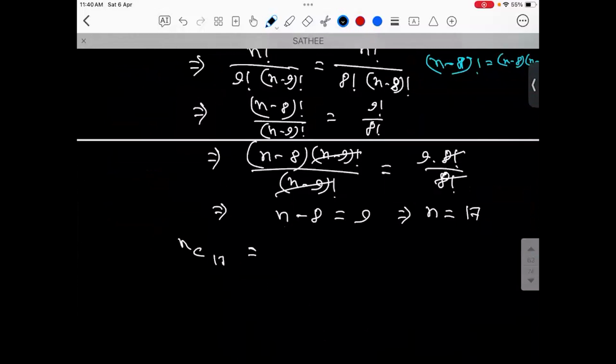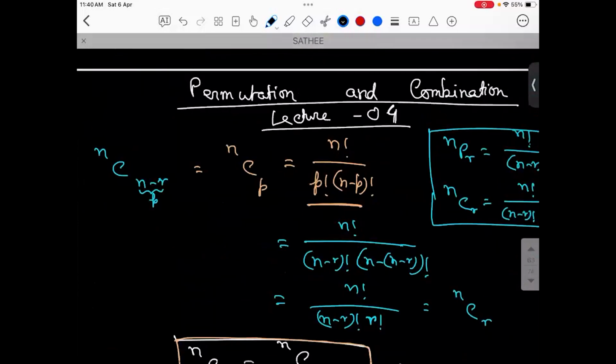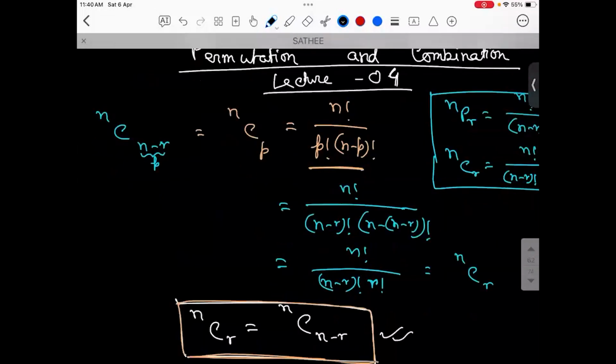Now put n equals 17, what will we get? 17C17. Now if we calculate this, we'll get 17 factorial divided by 17 factorial into (17 minus 17) factorial, which is equal to 1.